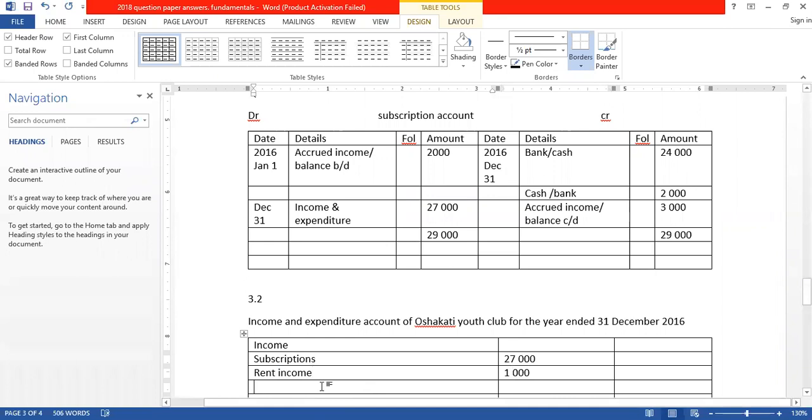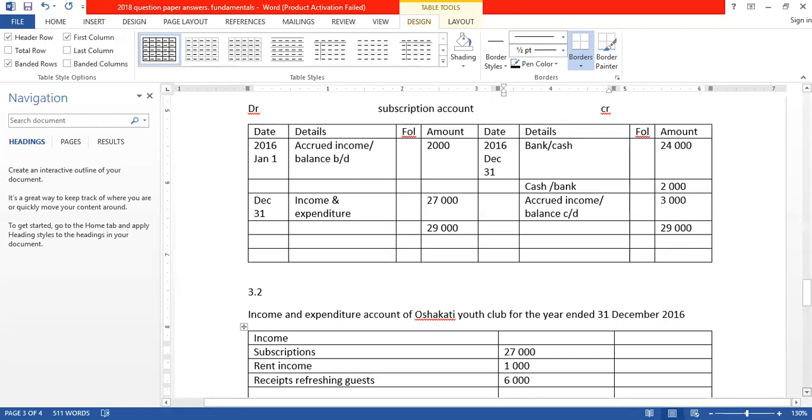What other incomes do we have there? We have receipts for refreshing guests. It's also an income, and the amount is 6,000.